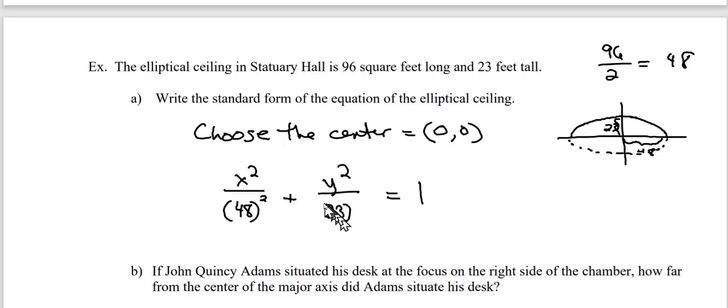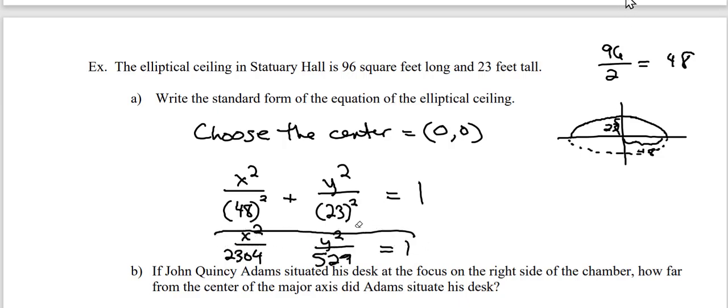That is 23, and that has to be squared. So let's see, what are those numbers? 48 squared, 2304, 23 squared, 529. So this would be the standard form of the equation of an elliptical ceiling.